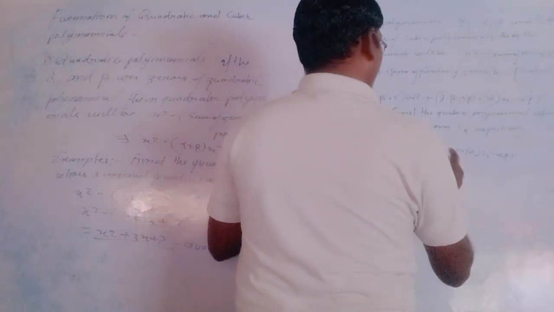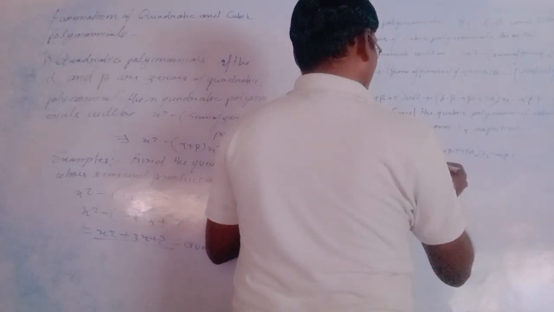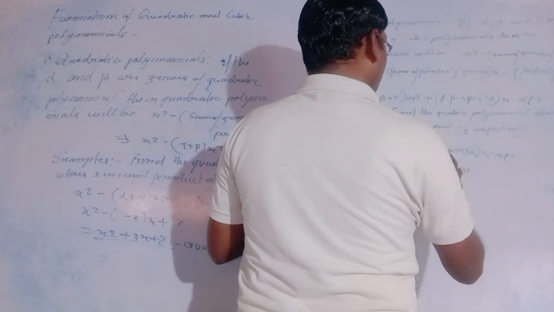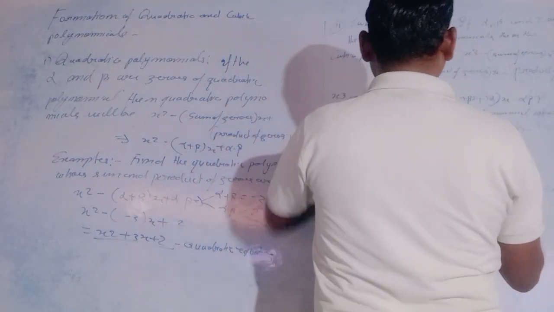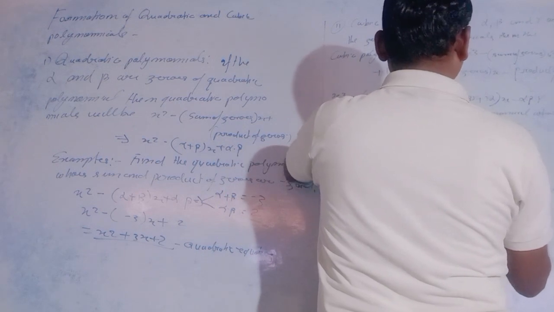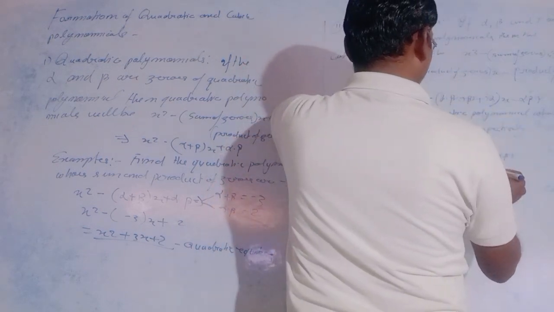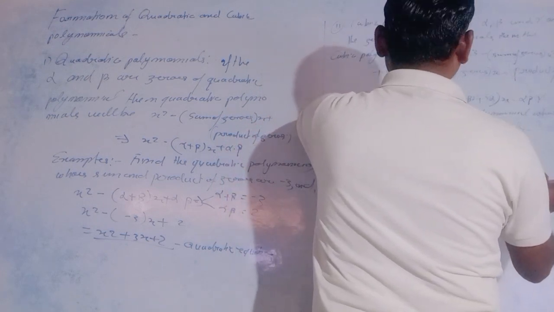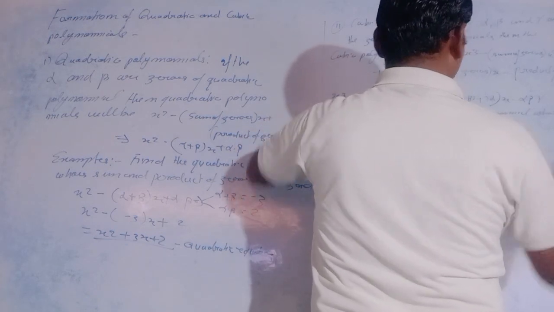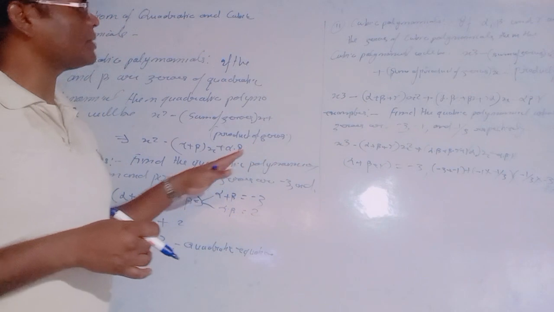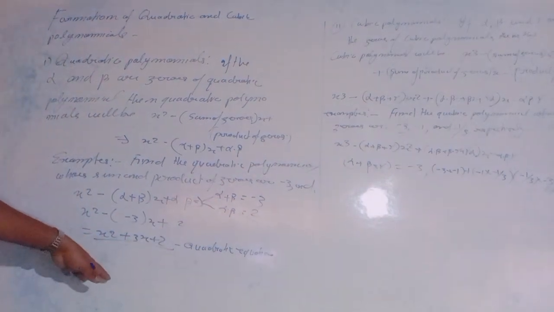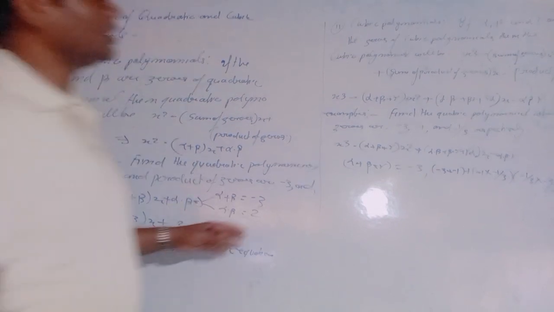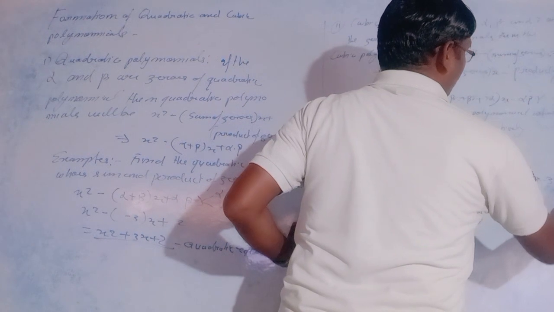And alpha into beta plus beta into gamma plus gamma into alpha, if we calculate this, after the calculations we will find minus 11/3.